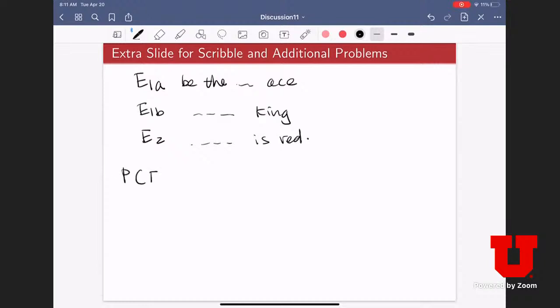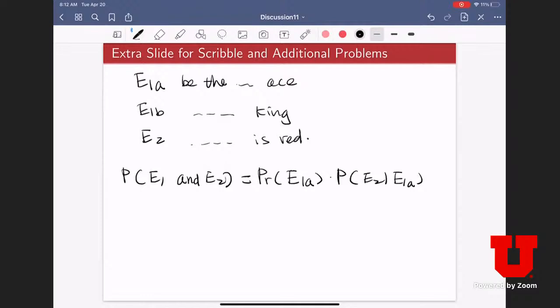All right, and then it's just slightly different setups. You still want E1 and E2. Now your setup becomes the probability of E1A, which is the first card is an ace, times the conditional probability E2 given E1A.